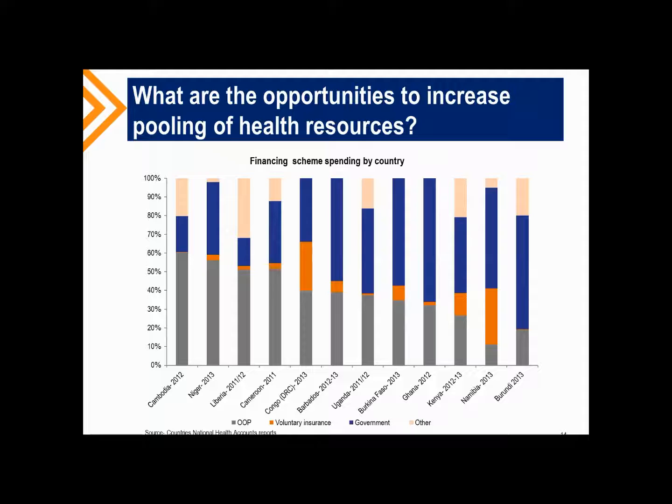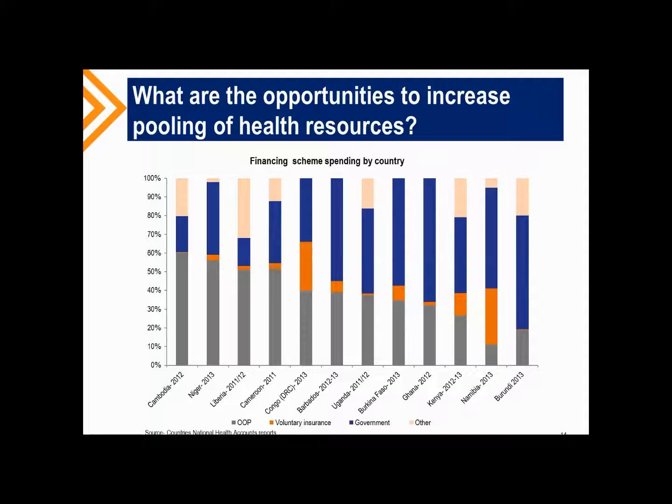The chart that you see here shows the breakdown of spending by out-of-pocket, which is in gray, by voluntary insurance, which is in orange, and by government, which is in blue. So as you can see, some countries, such as Namibia, which is second from the right, are already pooling a large percentage of their resources through government and insurance schemes.